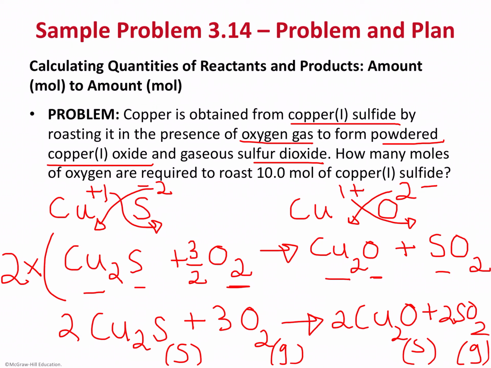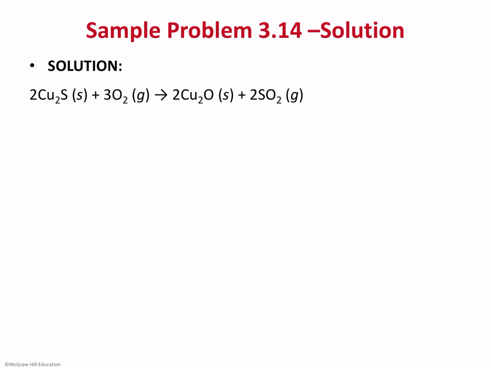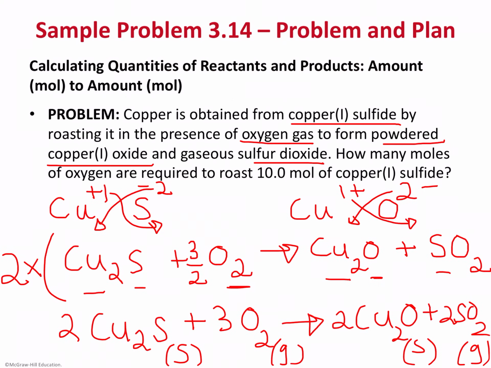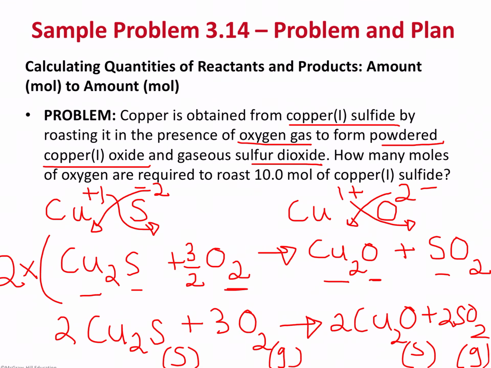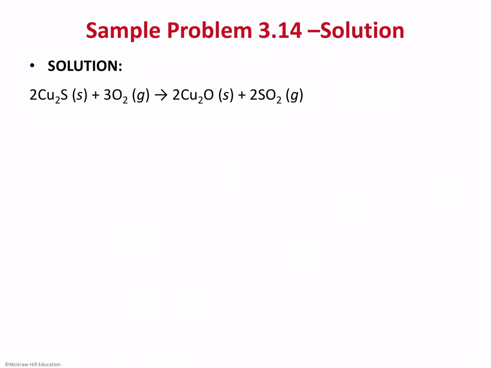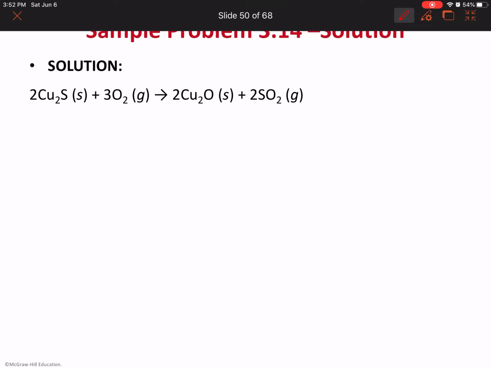Let's go back. Copper is obtained from copper 1 sulfide. Okay, it's asking how many moles of oxygen are required to roast 10 mole of copper 1 sulfide. So copper 1 sulfide, 10 moles.